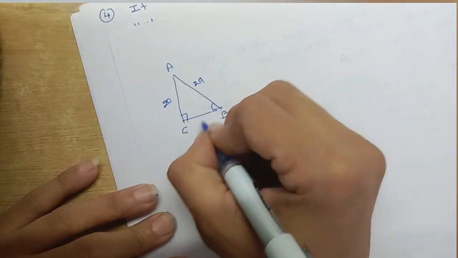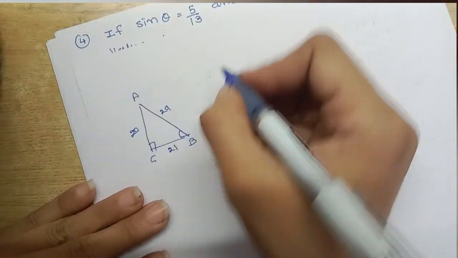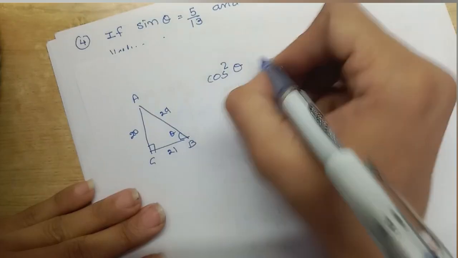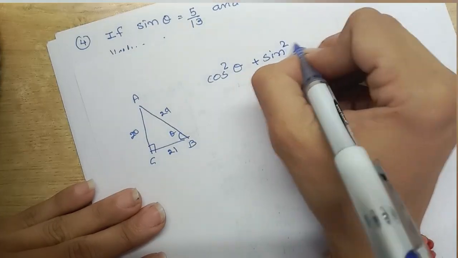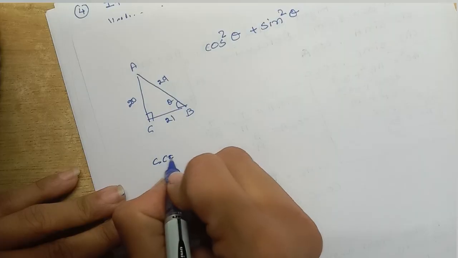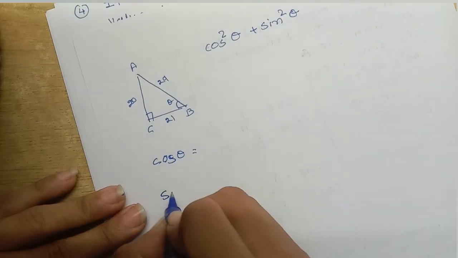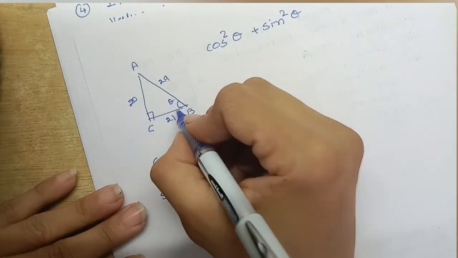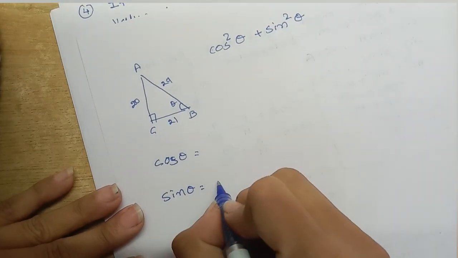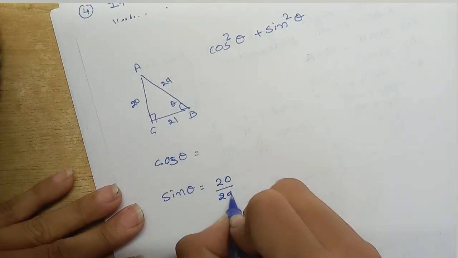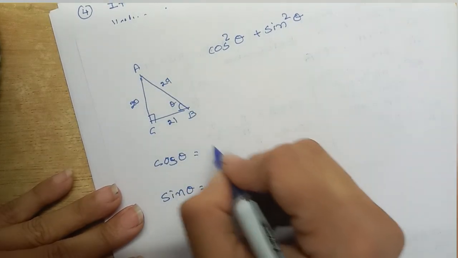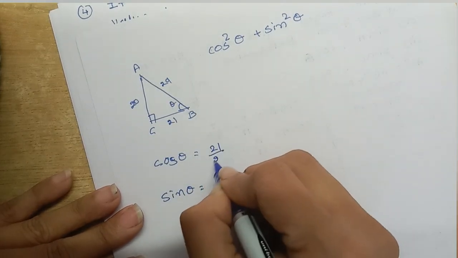What we have to find is cos square theta plus sine square theta. To find this, we have to find cos theta and sine theta. So sine theta will be 20 upon 29, opposite of this is perpendicular upon 29, and cos theta is 21 upon 29.